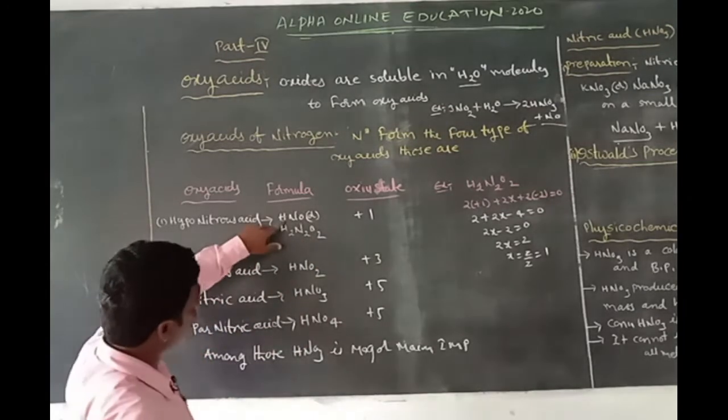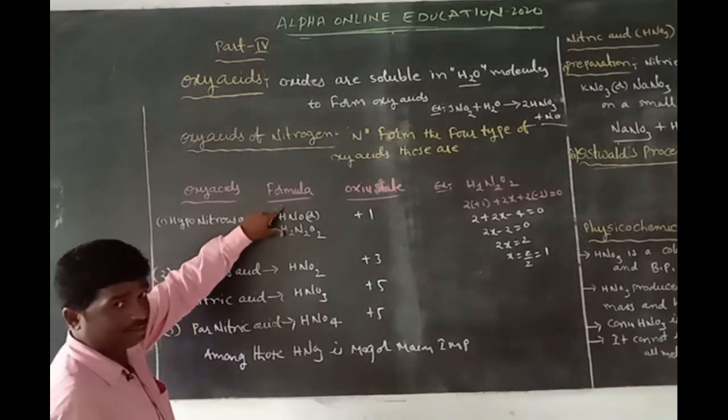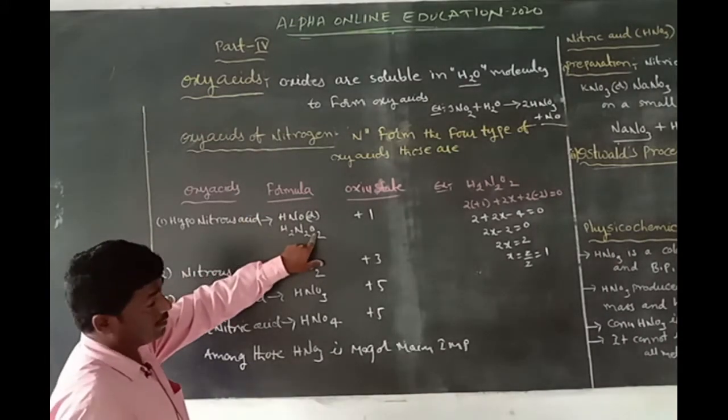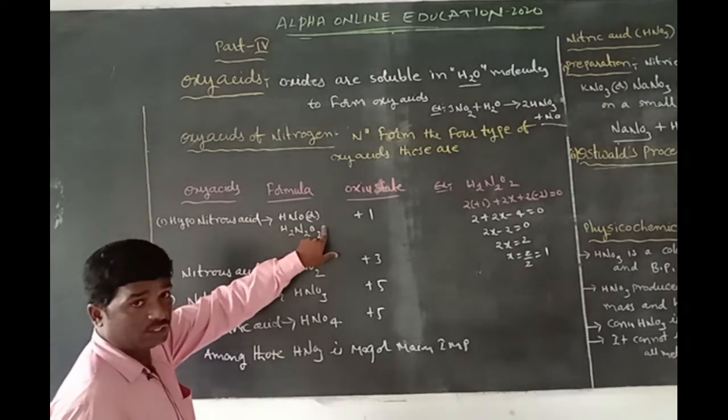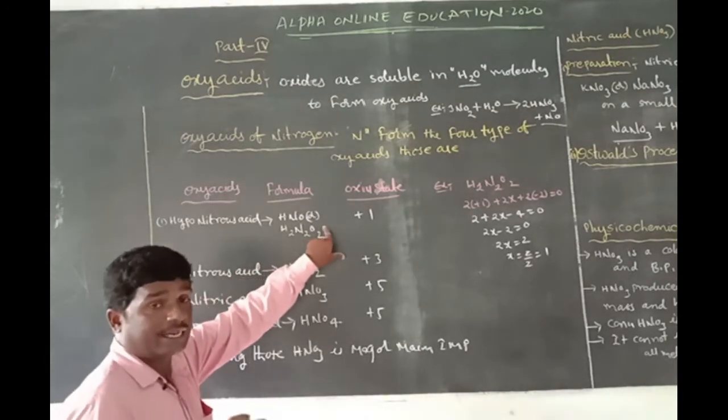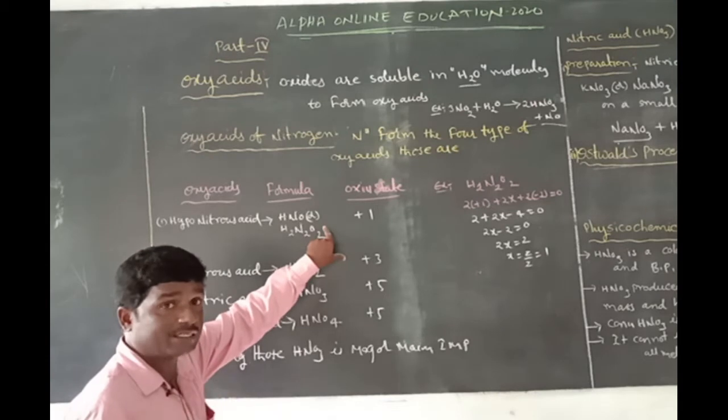Hydrogen has oxidation number +1, and oxygen has oxidation state -2. Oxygen has three types of oxidation state.